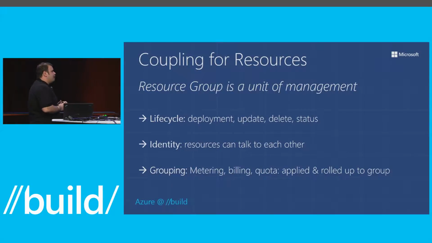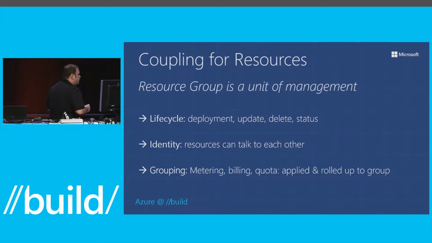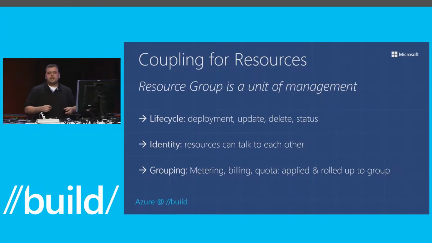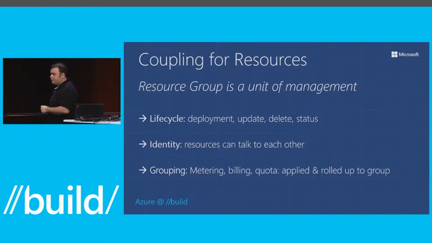From an identity standpoint, given that these resources exist in this container, they can talk to each other freely because we are exchanging configuration information between them. And finally, from a grouping standpoint, metering, usage, and billing is now rolled up at the resource group level itself.